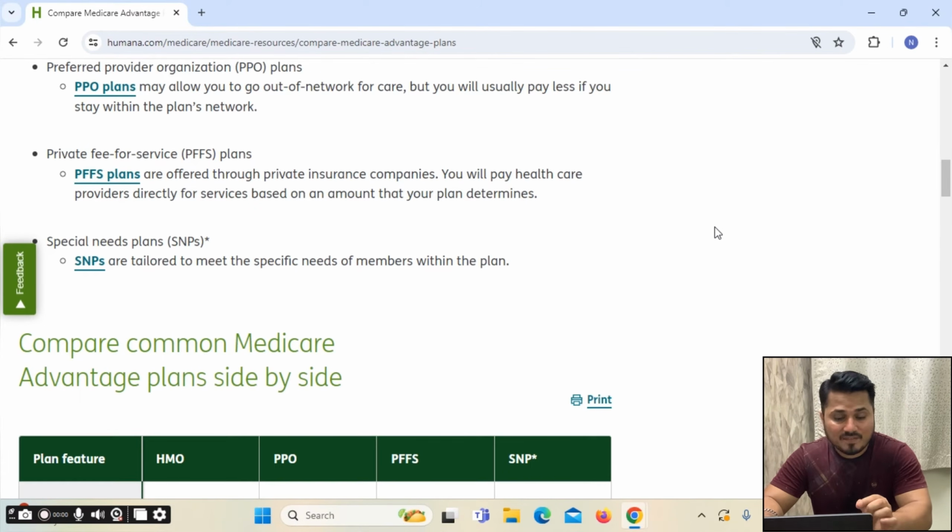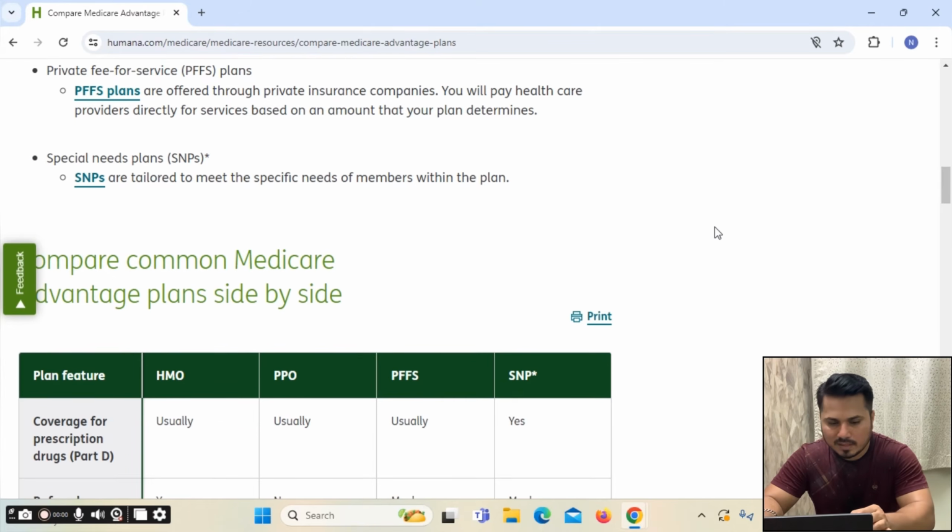PFFS plans are offered through private insurance companies. You will pay healthcare providers directly for services based on an amount that your plan determines. Then there is a special needs plan, which is called SNP plans, tailored to meet the specific needs of members within the plan.